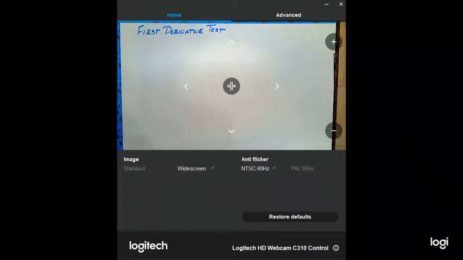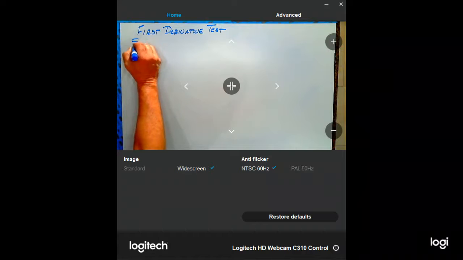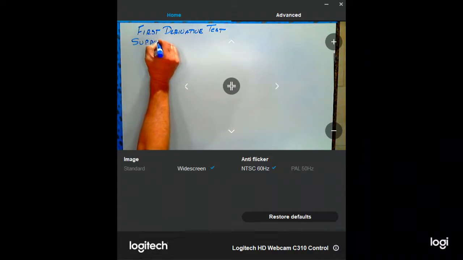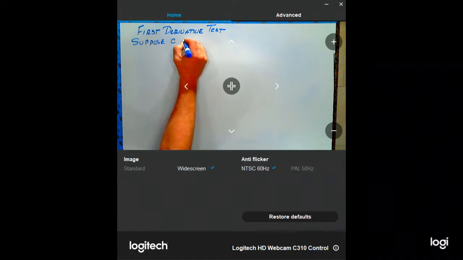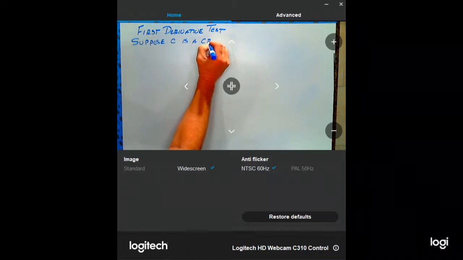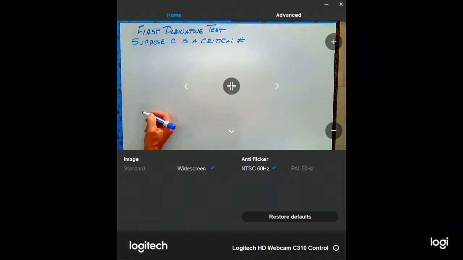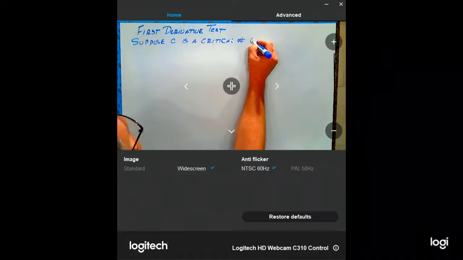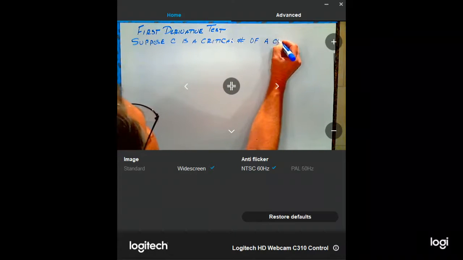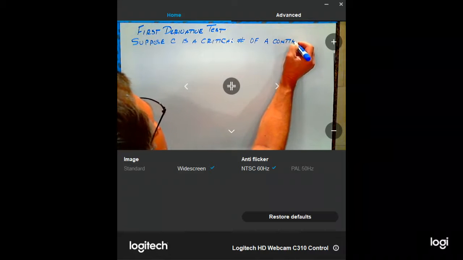So the first derivative test says, suppose c is a critical number of a continuous function f. There's our magic word, continuous again.